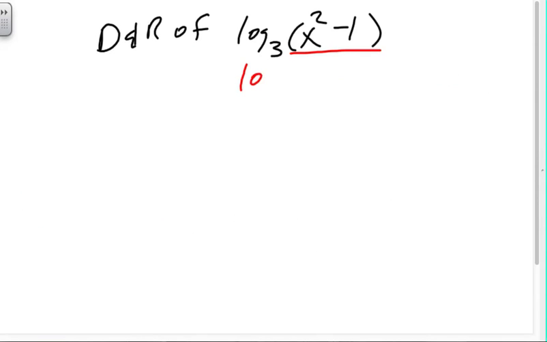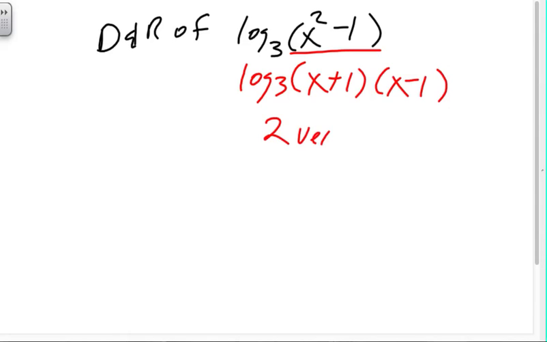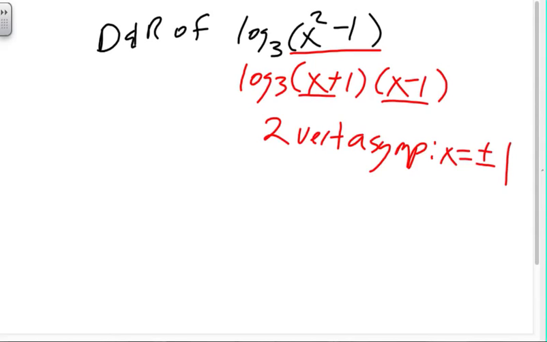So the first thing I always do is factor this. And I've got two guys in here. So I know I'm going to have two vertical asymptotes, because my vertical asymptotes occur where these are 0. They're going to be at x equals plus or minus 1.